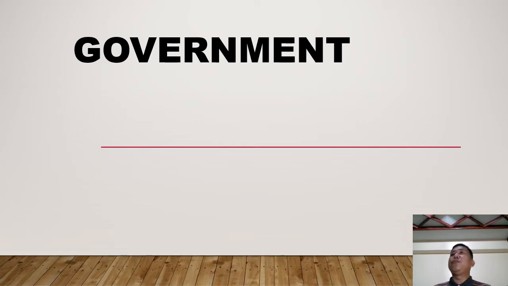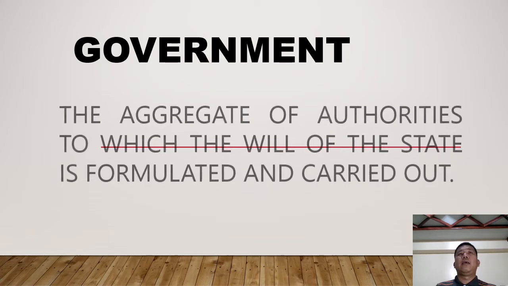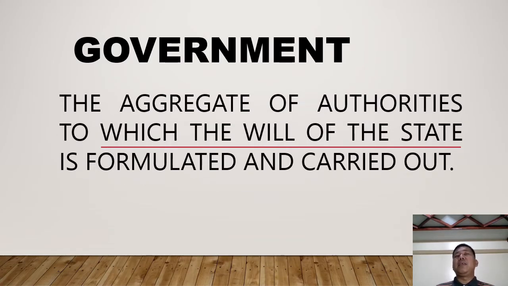So let's move to the third element of the state, which is the government. What is meant by government? Government is the aggregate of authorities through which the will of the state is formulated and carried out. Sometimes it is called the bureaucracy. This is where the people of the state transact business.